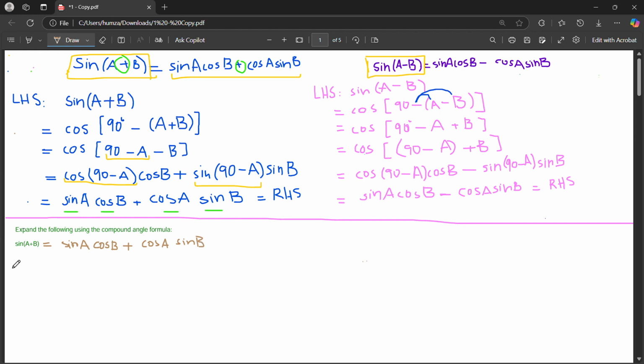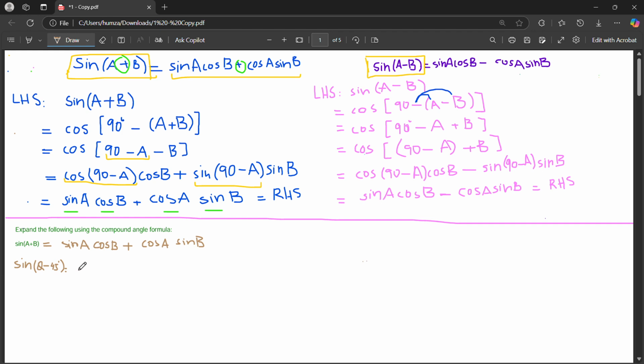Now they could give you something called your sin theta minus 45 degrees, and that will give you, for example, we will write the angles or the pattern first.